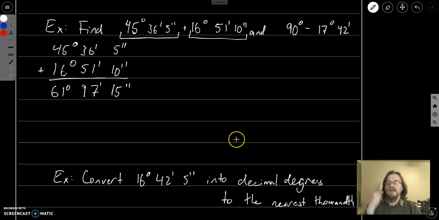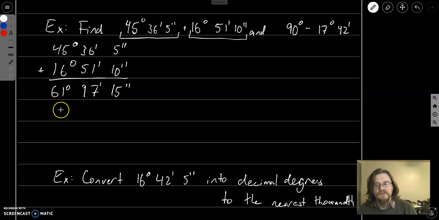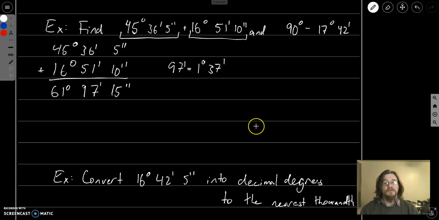Now we look at this, and immediately something seems fishy, because here I have 97 minutes, but there's 60 minutes per every degree. So why talk about 97 minutes? I can take an entire degree in here and carry it over. So 97 minutes is the same thing as 1 degree, and if I subtract 60 from this, there will be 37 minutes left over.